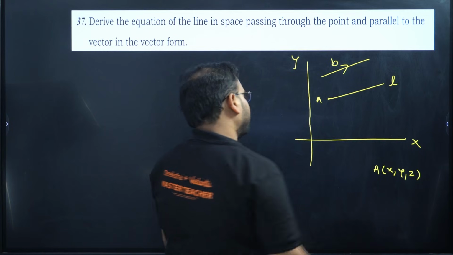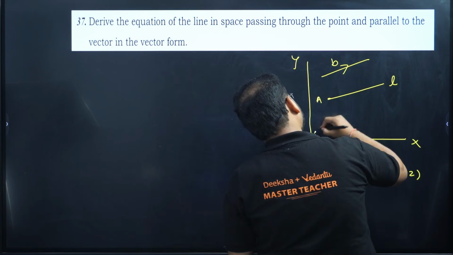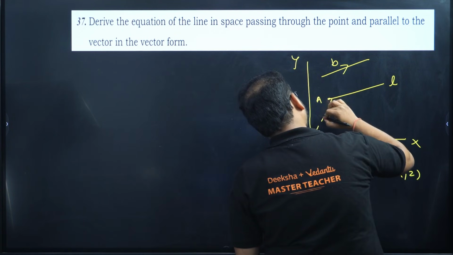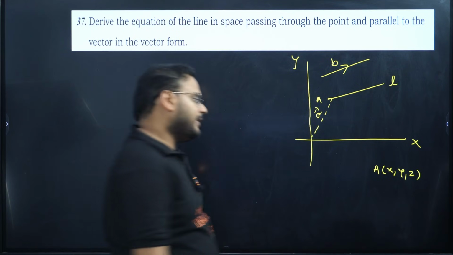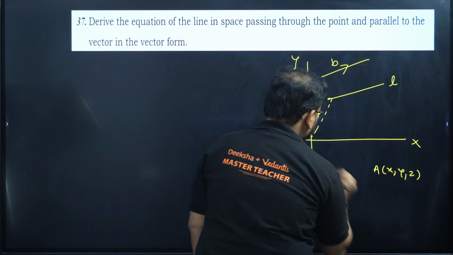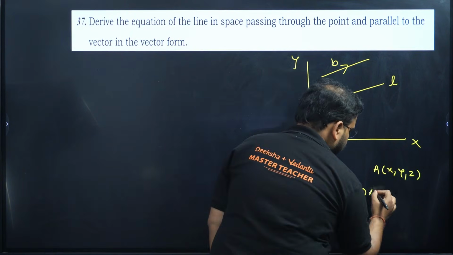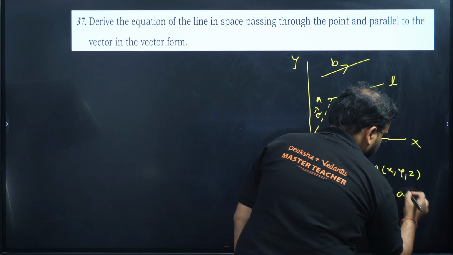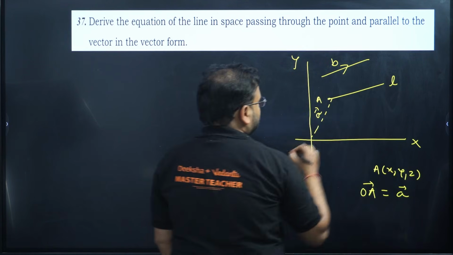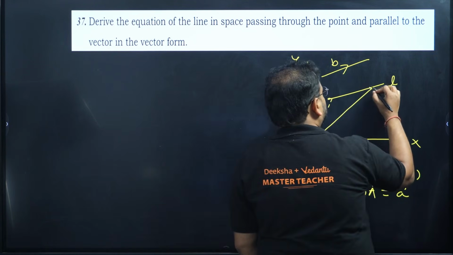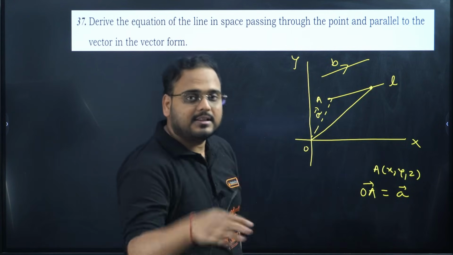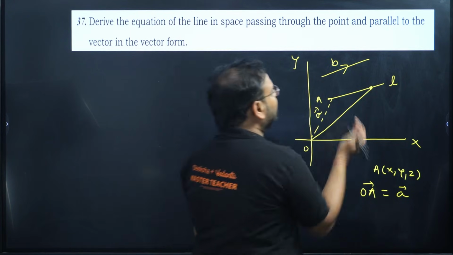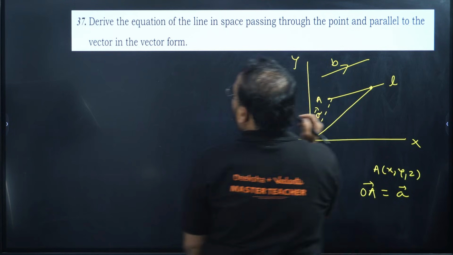And the position vector of this point is actually what? Vector A. Vector A is the position vector of the point A. So basically my vector OA is vector A. Okay. So I'm looking for a general point on the line L, the vector form of that point, so the equation of that line.